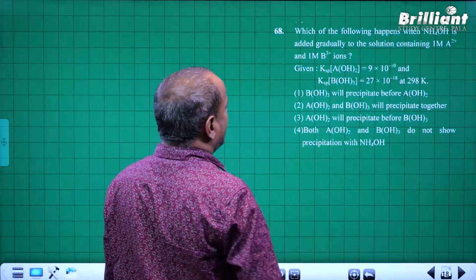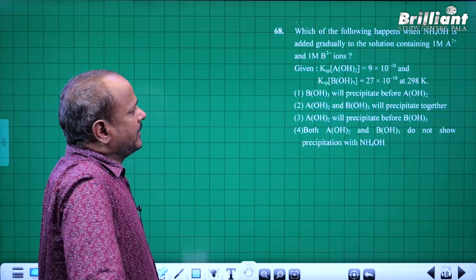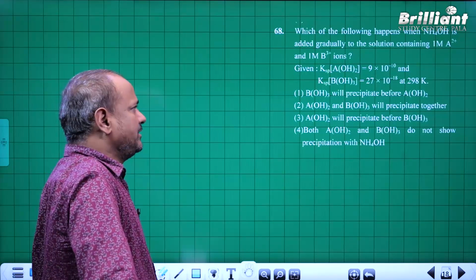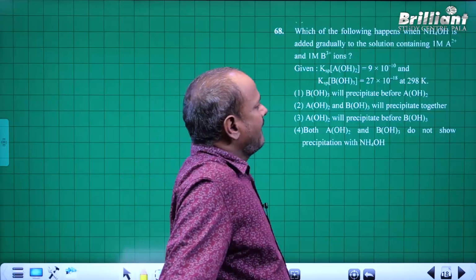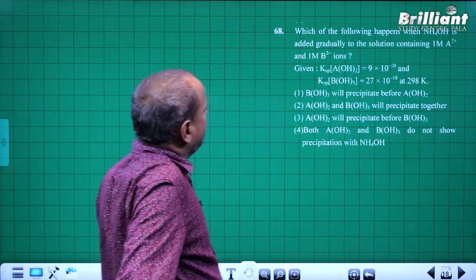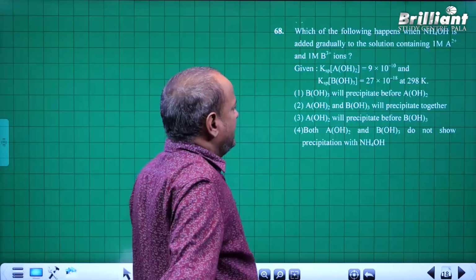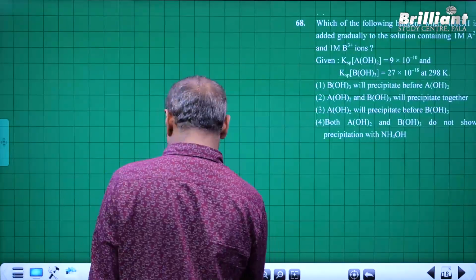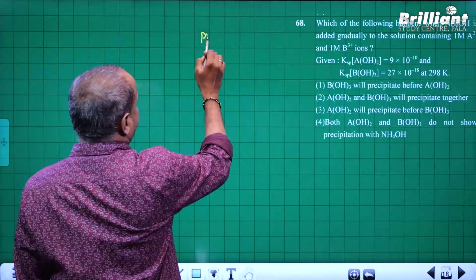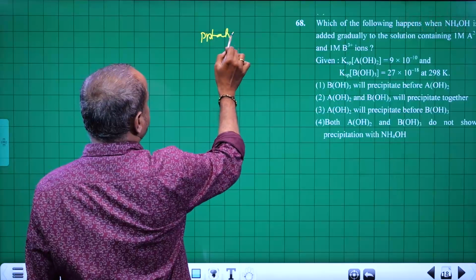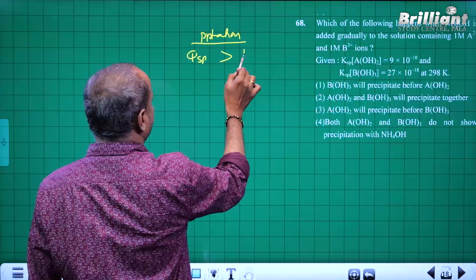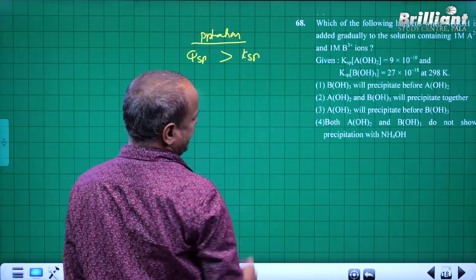Next, which of the following happens when NH4OH is added gradually to a solution containing 1 molar A2+ and 1 molar B3+, and Ksp values are given. That means check the condition of precipitation. Precipitation condition is Qsp must be greater than Ksp.